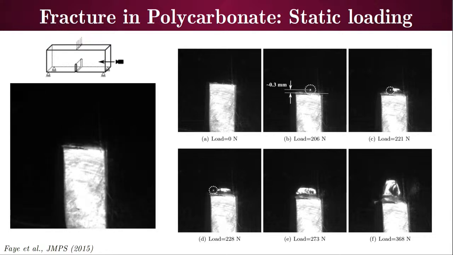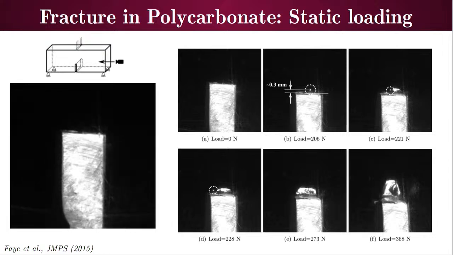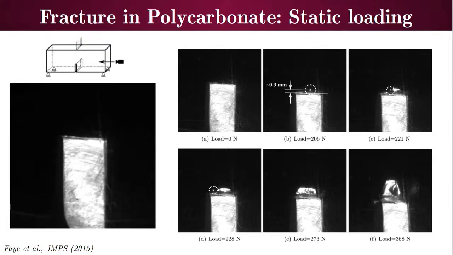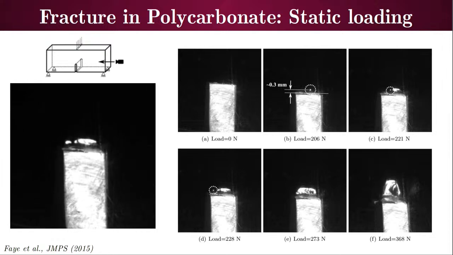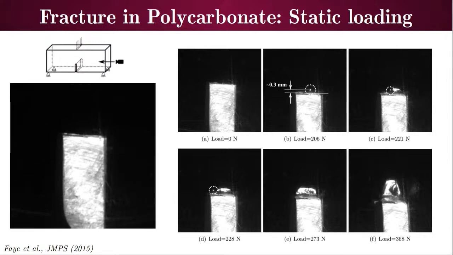The same process goes on. Now both of the defects are growing and another defect appears, and with time, all these defects join together and form a big defect, and ultimately it fails. So this is what happens under static loading. The loading is applied very slowly.